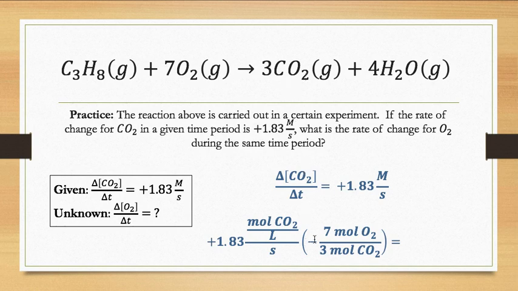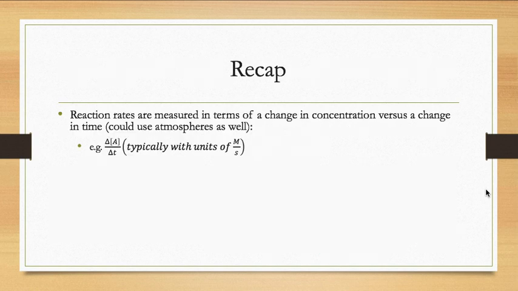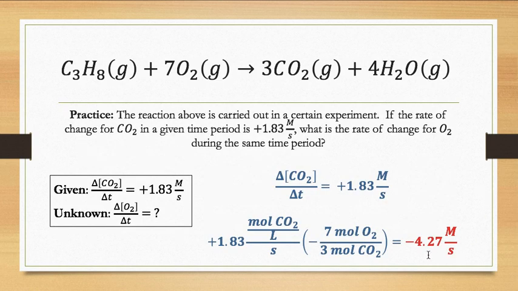So if we say negative 7 over 3, 7 moles of O2 per 3 moles of CO2, and again, the negative is there because we're given the value for a product, but we're asked to find the rate of change for a reactant. It's going to have the opposite sign, so we need to use a negative sign in here. If instead we were asked to find the rate of change for H2O, since it's also a product, we wouldn't have to put in that negative sign.